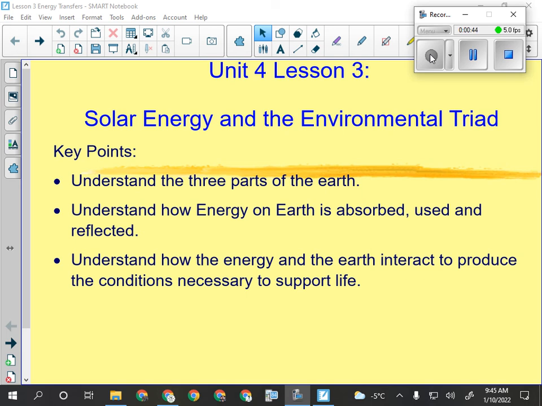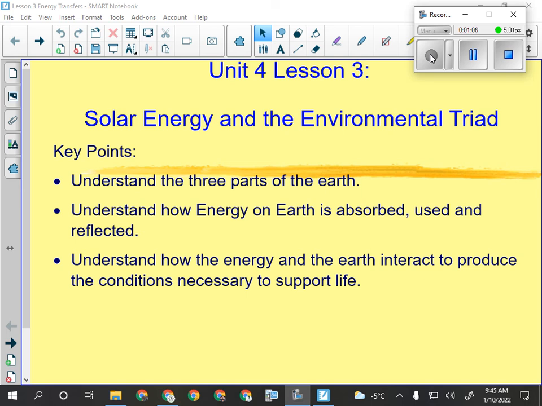Okay, so first thing we're going to look at is the 3 parts of the Earth, because the 3 parts of the Earth are the big things that influence how energy is absorbed, reflected, or transmitted. How does energy from the sun interact with the Earth? The parts of the Earth are how that essentially works.